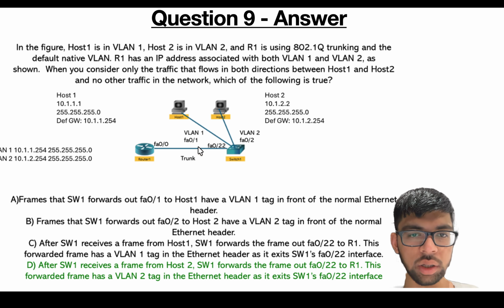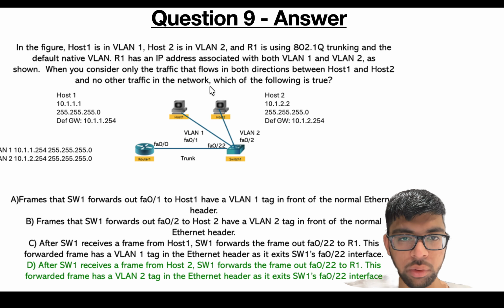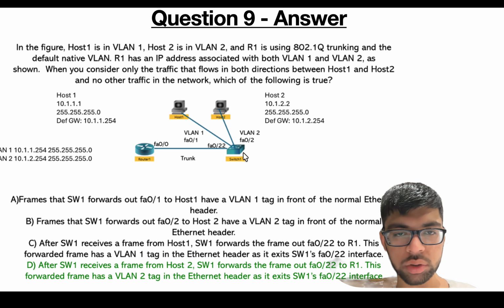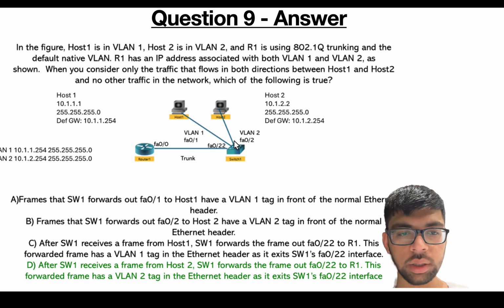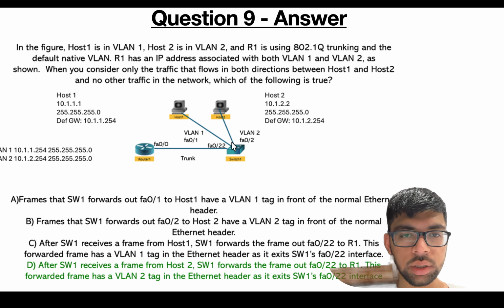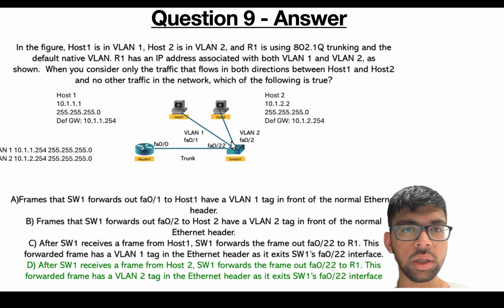So this is saying that this switch is forwarding frames out of that port to host 2. But the problem is VLAN 2, fast Ethernet 0/2, that also is an access port. There's no trunk. It's not a trunk port. It's an access port. These are both connected to host devices.